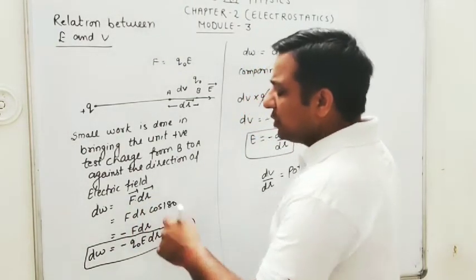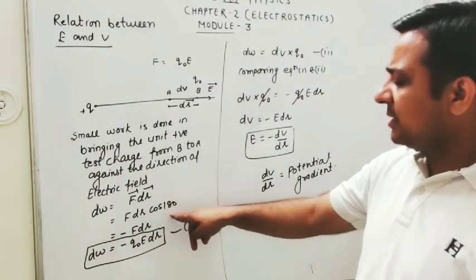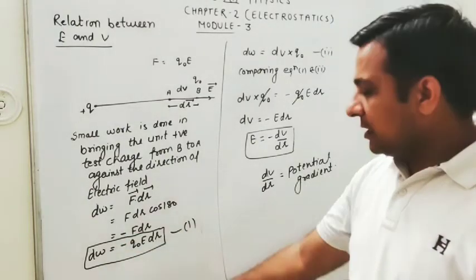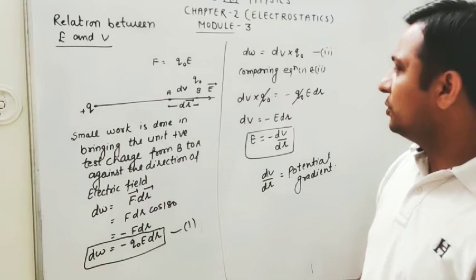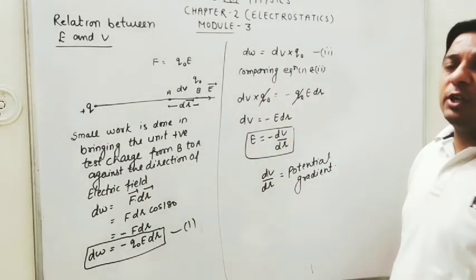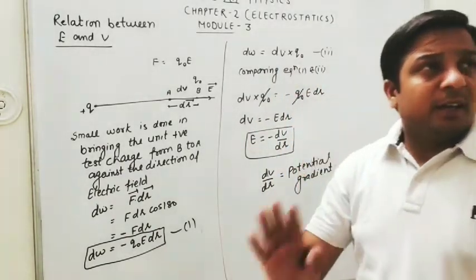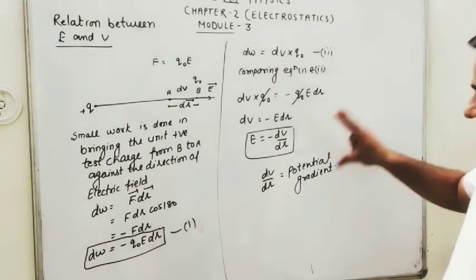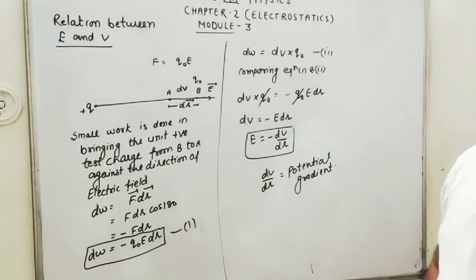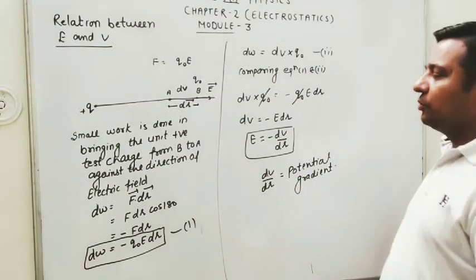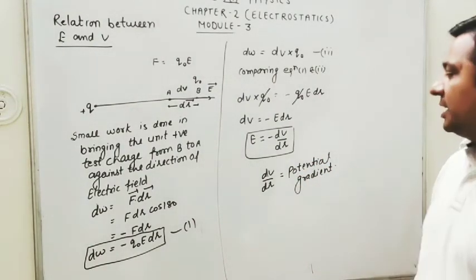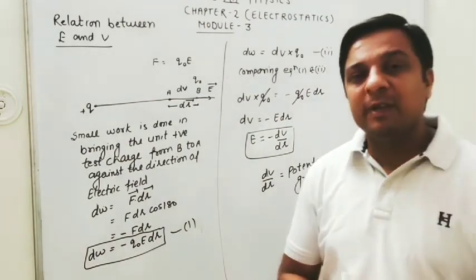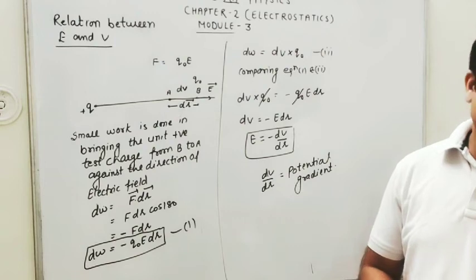So dW is equal to F dot dr, minus F dr, because cos 180 is against. F is equal to minus Q naught E and dW is equal to dV into Q naught. We know work done is equal to potential into charge, and comparing equation first and second, Q naught is cancelled, and dV is equal to minus E into dr, and E is equal to minus dV by dr. So this is the relation between electric field and potential gradient.